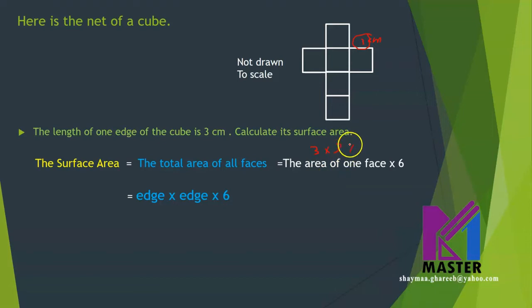Then I'm going to multiply it by 6 because I have 6 squares. So the answer will be 3 times 3 times 6. 3 times 3 equals 9. 9 times 6 equals, yes, 54 centimeters squared.